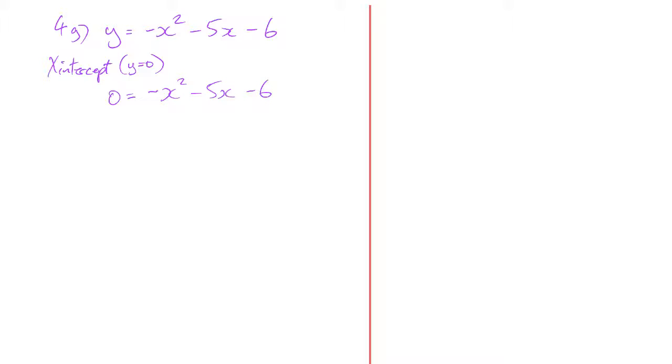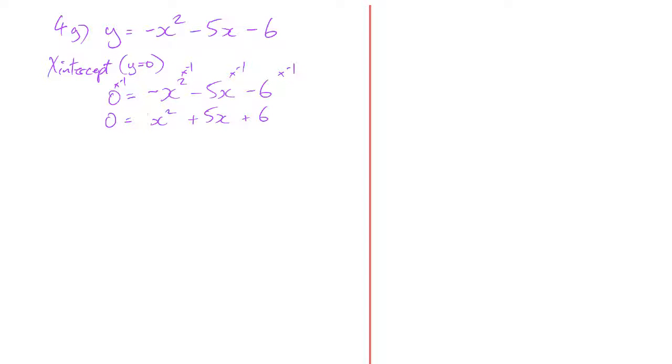Now it's a bit yucky, all minuses. What I can actually do is multiply every single thing. Now you don't need to write this each time, but I'm multiplying every part of it by -1. In other words, I'm changing them all from negative to positive and from positive to negative if there were some positives. Now I've got x squared plus 5x plus 6.